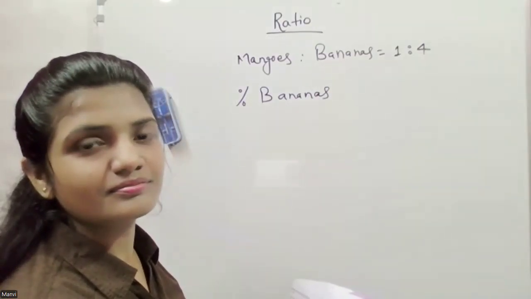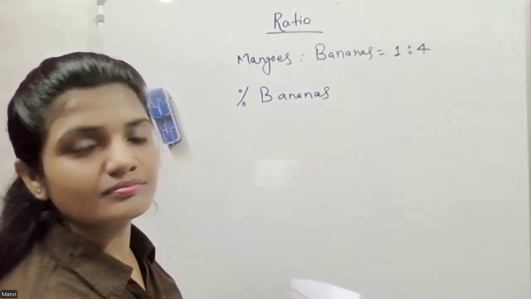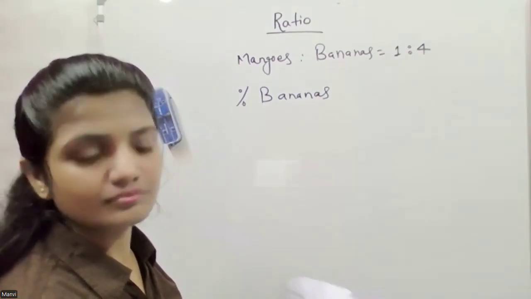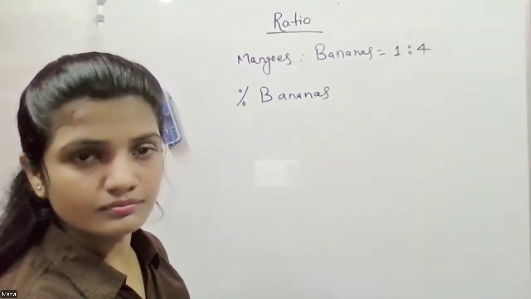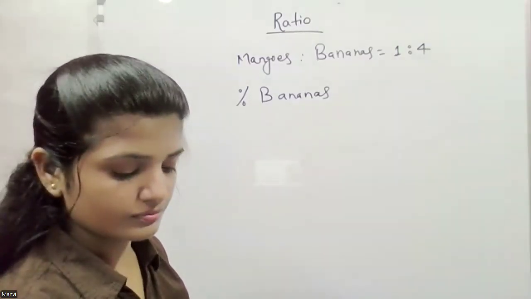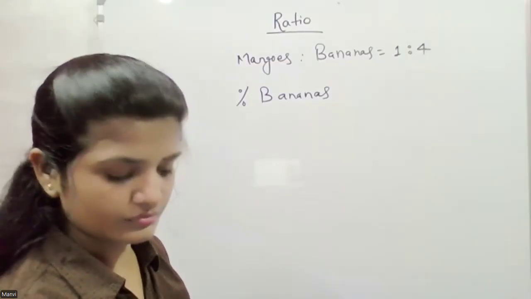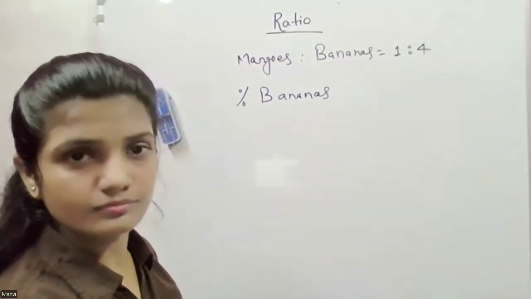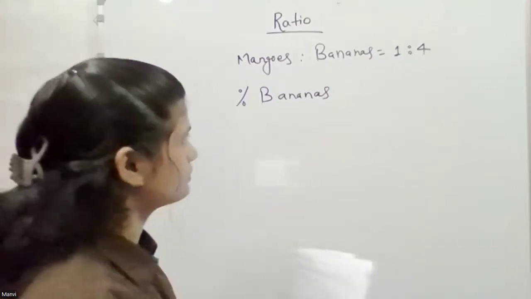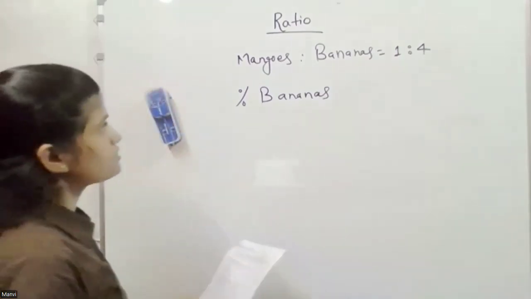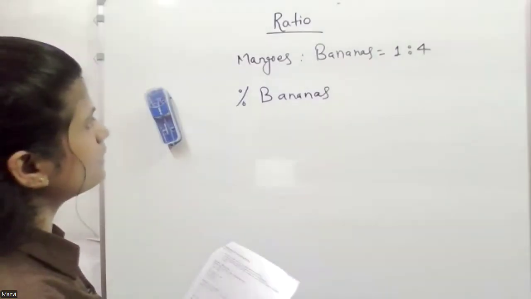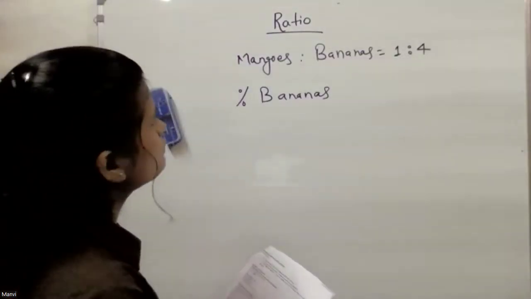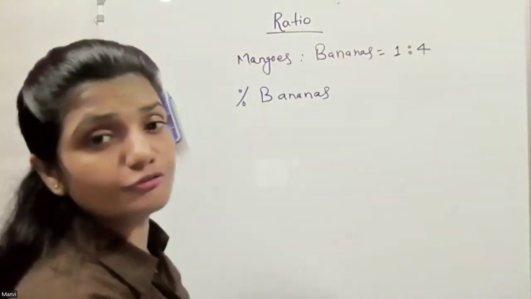First I did 1 plus 4, which gave me 5, and then the banana is 4 parts. So 4/5 times 100, because percentage always means 100. Very good. Now, if I say calculate the ratio of mango with the total number of fruit.